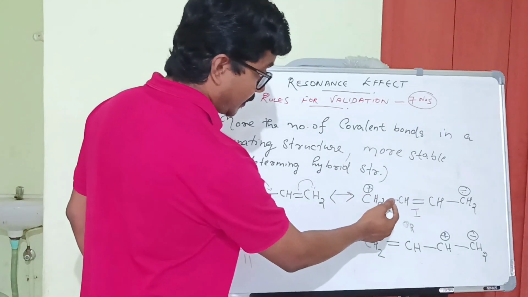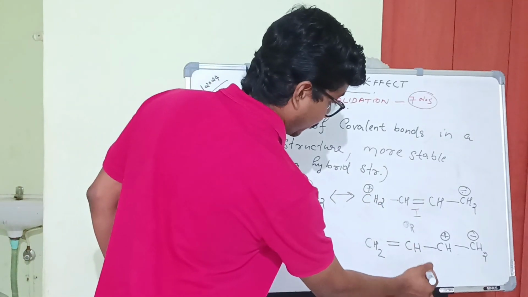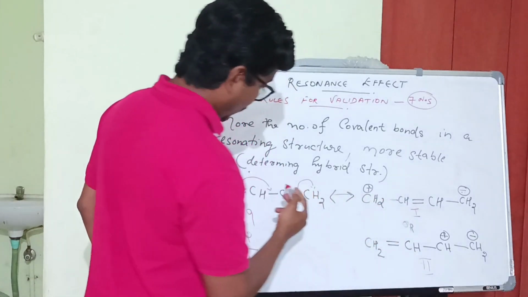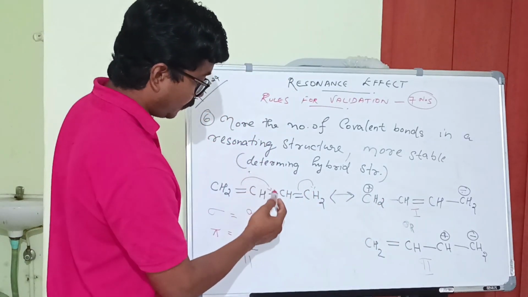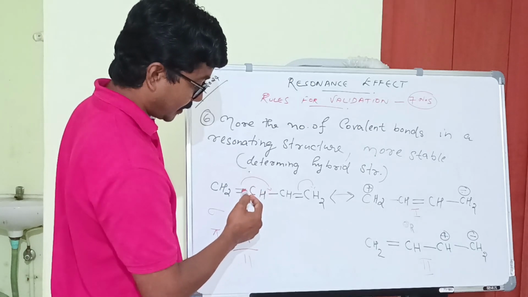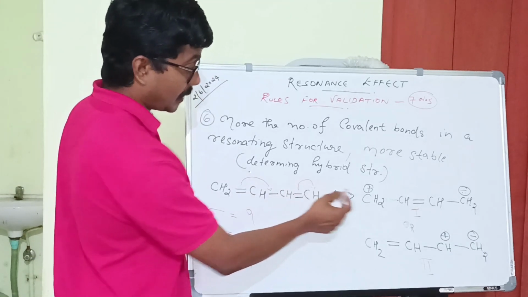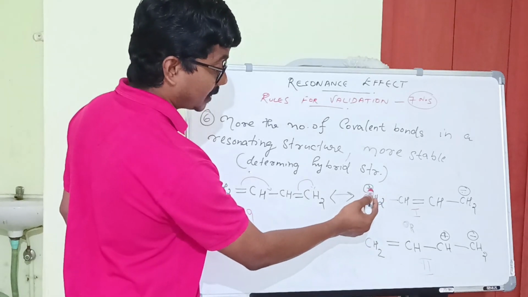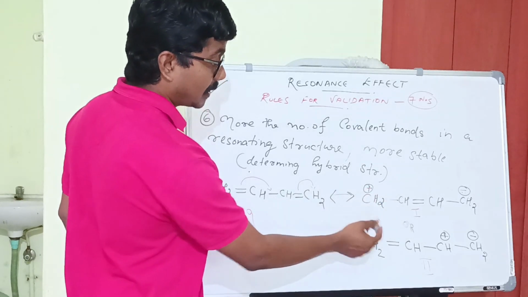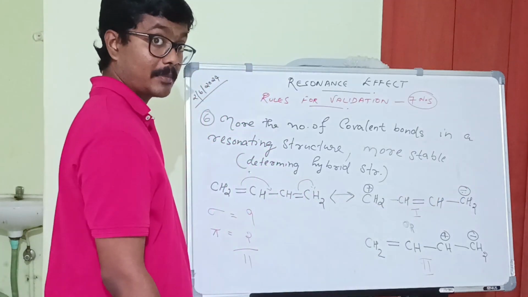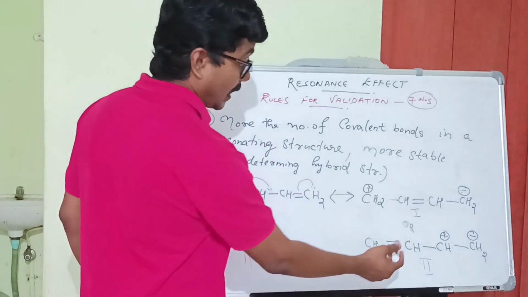Okay, and what about these two cases? If the electrons are moving to here, the first double bond is shifted to here, and as a result, a positive charge comes to one of the terminal carbon atoms and a negative charge comes to the other terminal carbon atom.